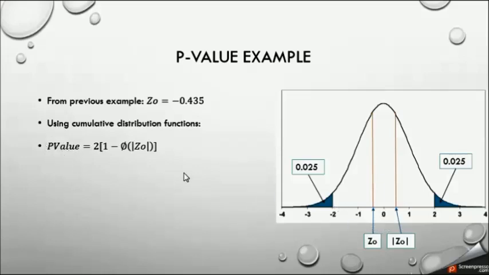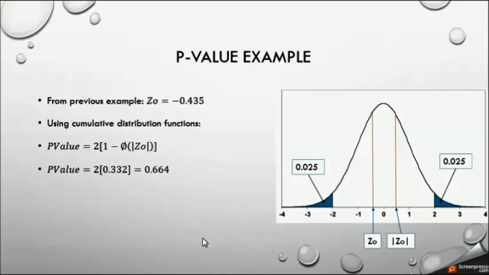So what is the p-value in this equation? In the case of a two-sided test, the p-value is the area under the curve to the right of this brown line, which is the absolute value of Z0, plus the area under the curve to the left of minus Z0, from the other brown line down to minus infinity.